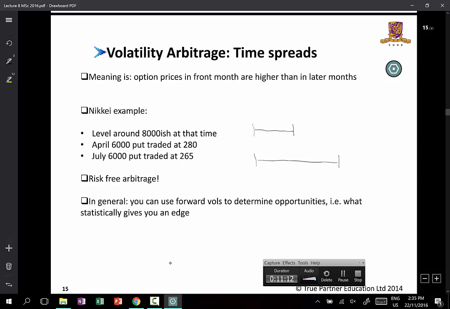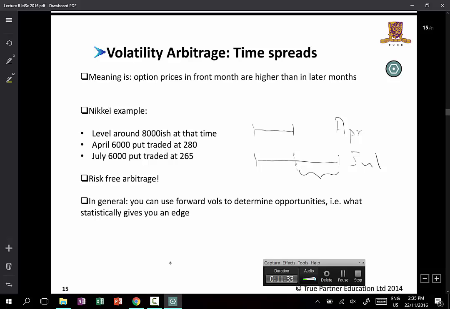Now I don't actually believe that's possible, but if it were, now the July option, since it has a longer tenor than the April one, it can do everything the April one can do plus more, because I have some additional optionality from April to July.